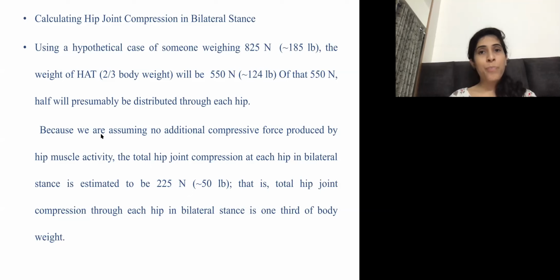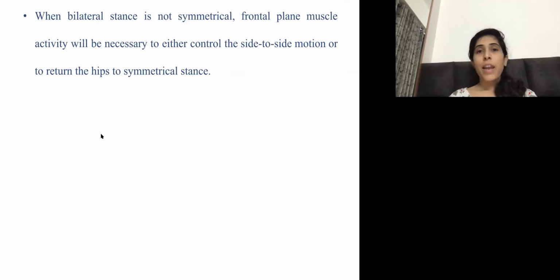As we all know, the lower extremity total weight is one-third, and half of the one-third is transmitted through the left, and half of the one-third is transmitted through the right. So, when the bilateral stance is not symmetrical, frontal plane muscle activity will be necessary to control the side to side motion or return the hip to the symmetrical stance.